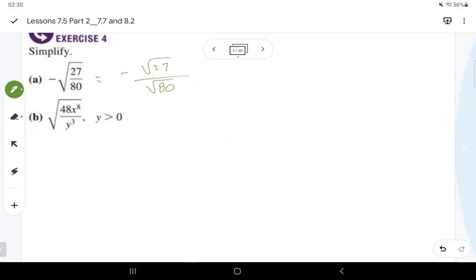So I would change this to be negative square root of 3 squared, which is 9 times 3. It gives us the 27 over 80. 80 is 16 times 5, so 4 squared times 5, and that will give us a 3 on the outside, a 3 on the inside, and then a 4 on the outside and a 5 on the inside.